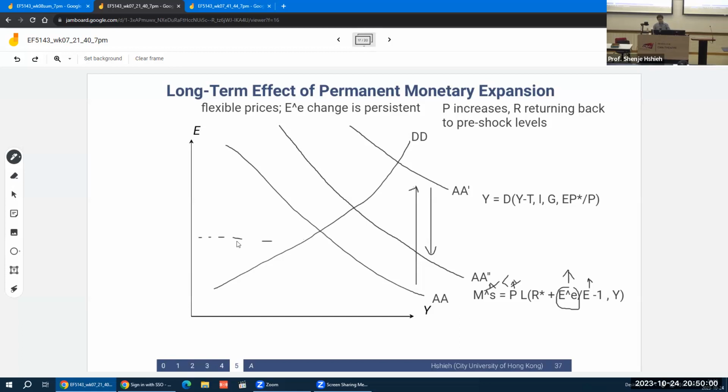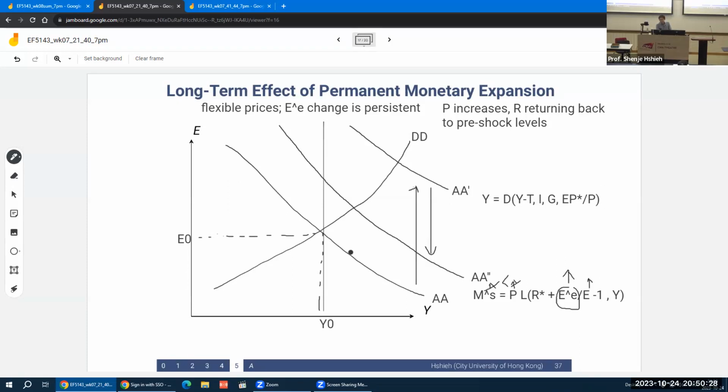Sorry. I need to draw some extra lines here. So here is our starting point before the monetary policy expansion. And I'm going to emphasize this vertical line because that's when output returns back to its normal level. Okay, all right, so hopefully all of you understand why the AA curve shifts back, right?